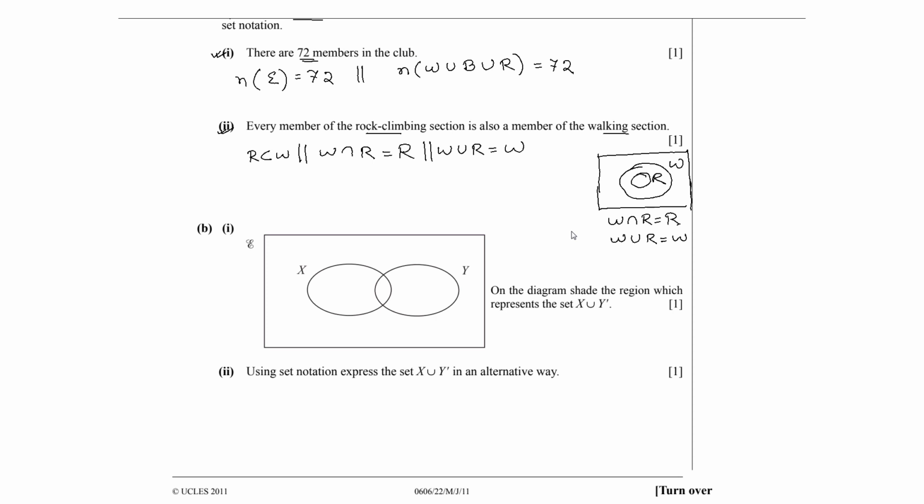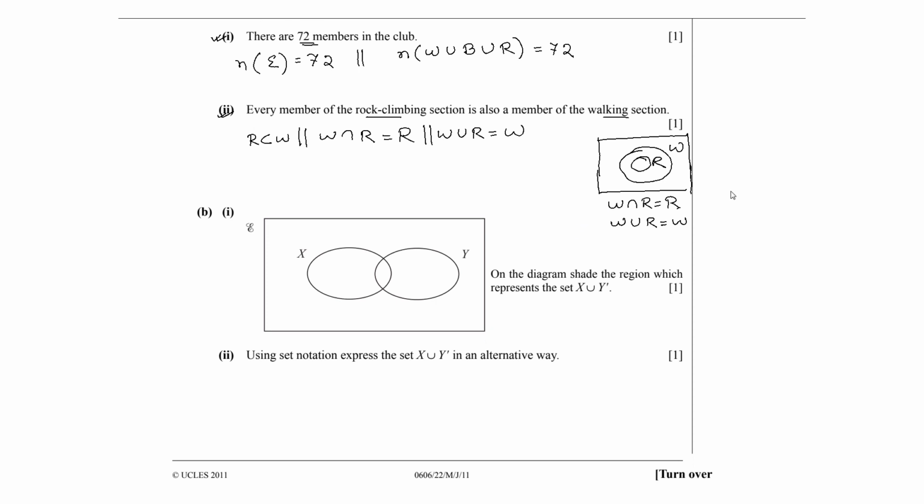Now let's move on to the next part of the question. Here the set notation is already given to us. We just have to shade the region it represents.